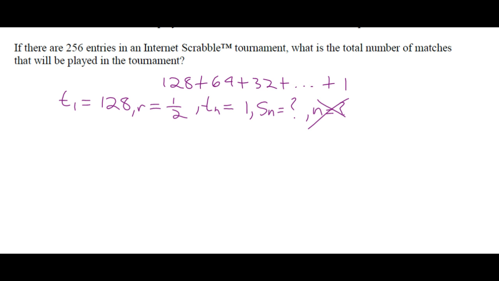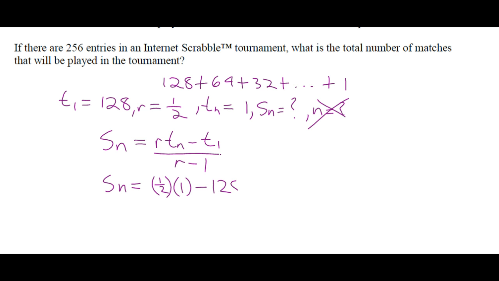What's the total number of matches? We have a formula for that: S sub n is equal to (r T sub n minus T1) over (r minus 1). Next formula sheet, r T_n minus T1 over r minus 1. So r is 1/2, T sub n is 1, minus 128, over 1/2 minus 1.